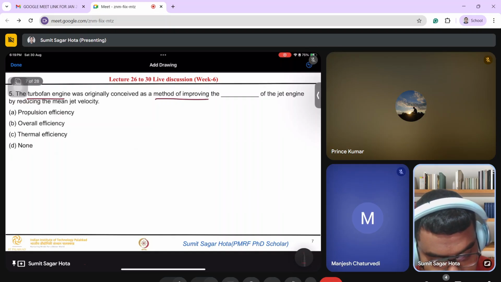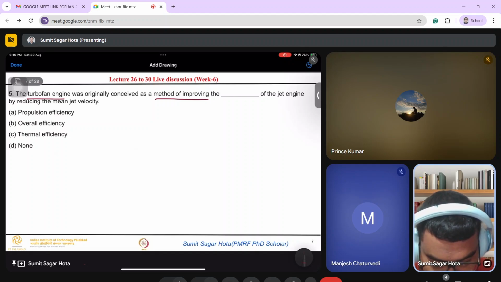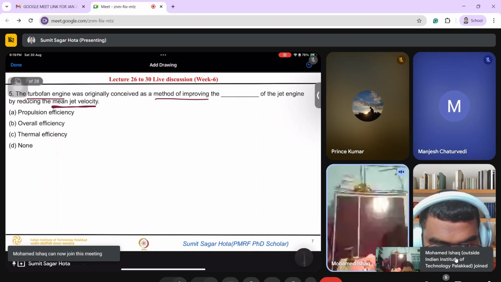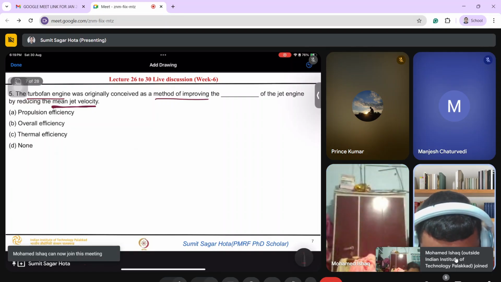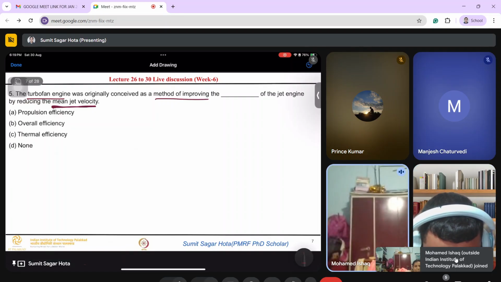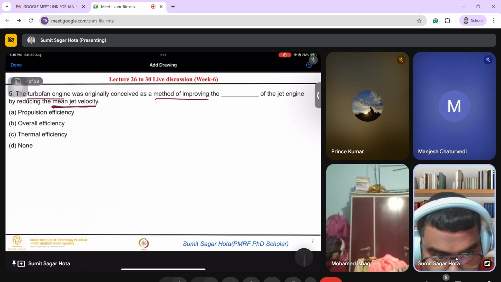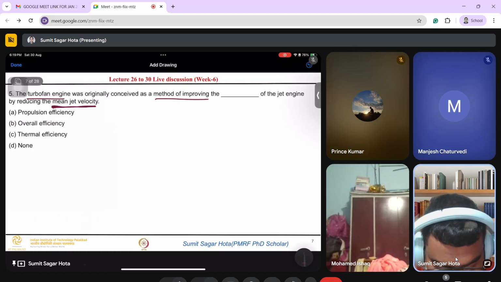By reducing the mean jet velocity. That means they need to reduce the jet velocity, and they are asking what is going to happen in all these different parameters.